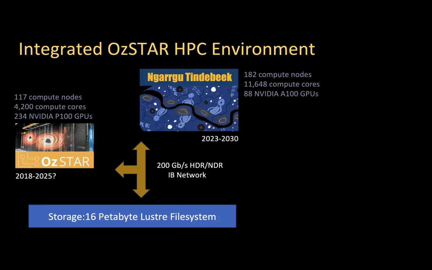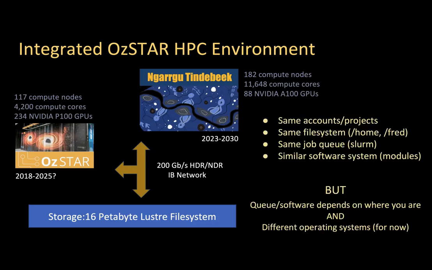For Ngagu Tinderbeek, it's faster, a 200 gigabit per second InfiniBand network. And then they both connect through to the same Lustre file system. The capacity of that by the end of this year will be up to 16 petabytes. So you can freely move around between the 2 machines and to Lustre and move data around between all of those components.